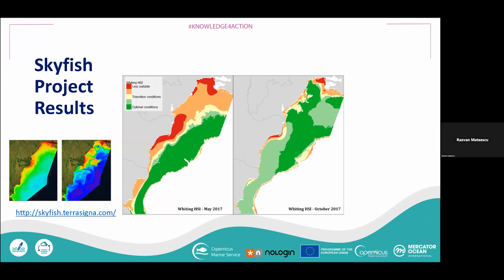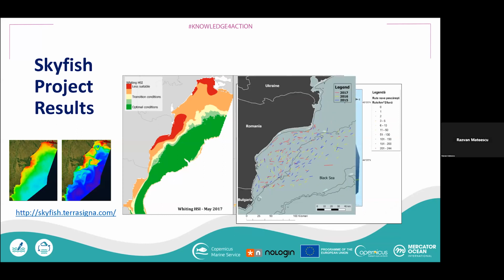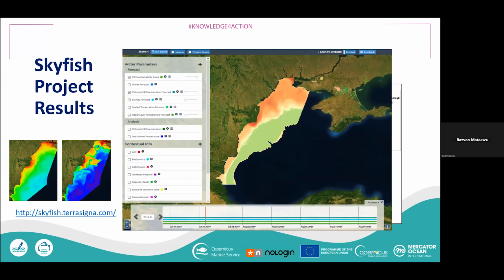Skyfish is a project for support of fishery and aquaculture in this Western Black Sea area, based on several sustainability indexes. So this is a specific service concerning the area of, let's say, big fish productivity.